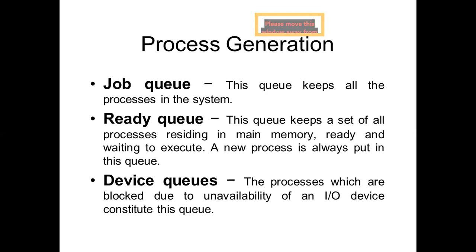Each and every process will wait either in the ready queue or the device queues. Also, a number of processes will wait in the job queue. One by one, the process will go inside the processor.